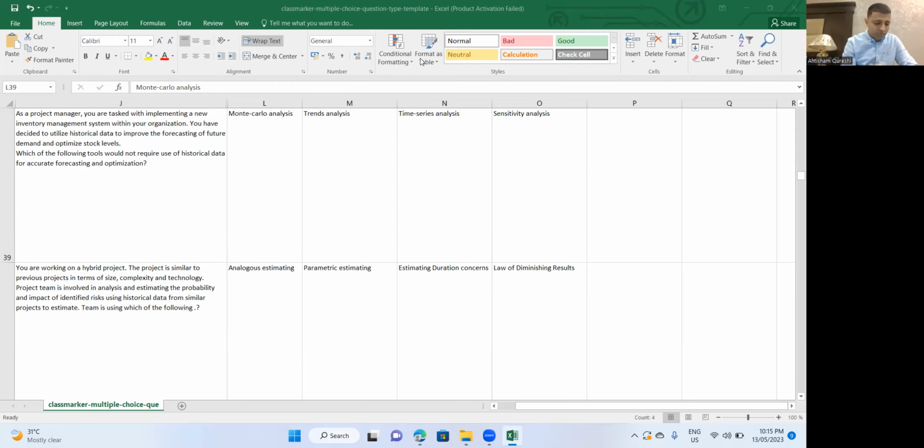So if we are talking about Monte Carlo, we read the Monte Carlo technique in quantitative risk analysis when we want to quantify the probability and impact of a certain risk event, and we are not content with the general description of very high risk, very low risk or medium risk.